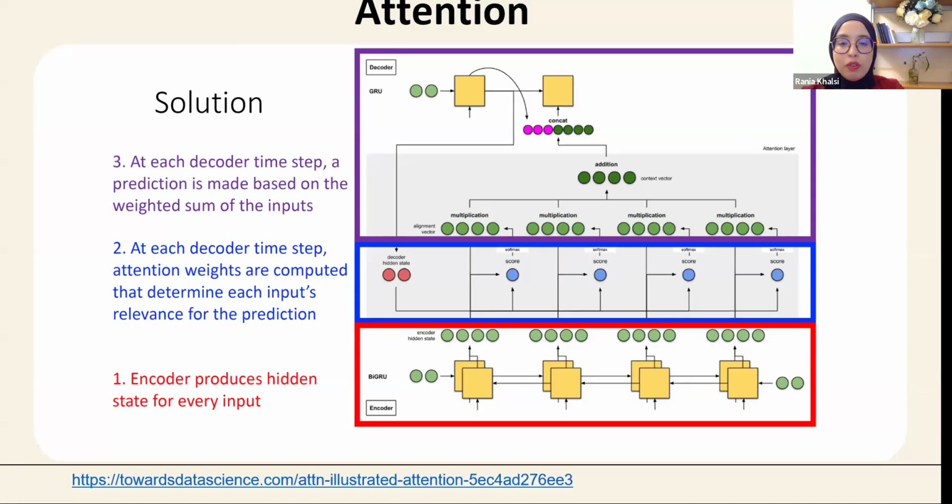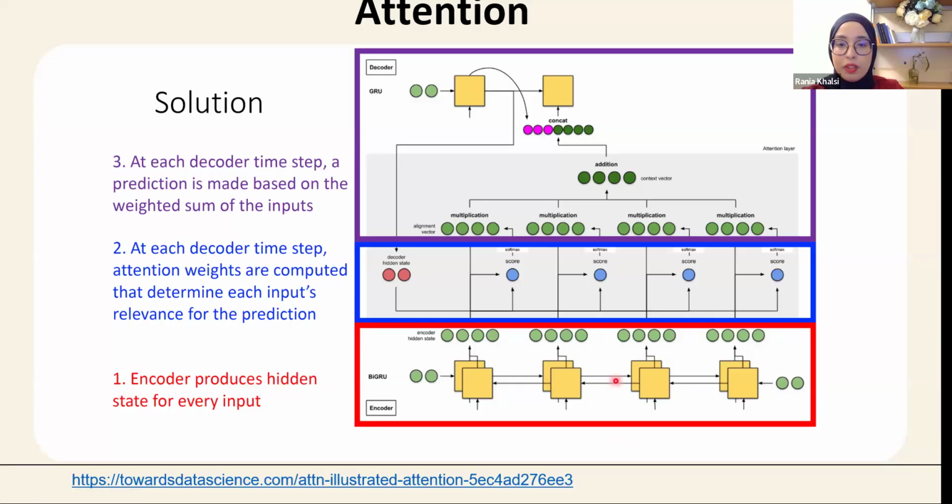First, as always, we begin with the encoder. Here we have the encoder that produces a hidden state for every input.